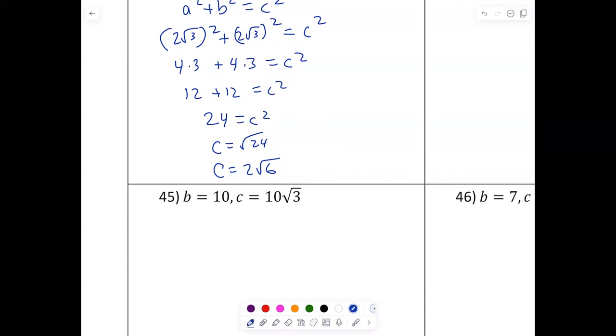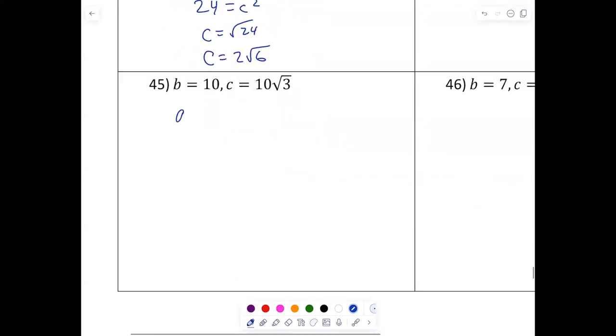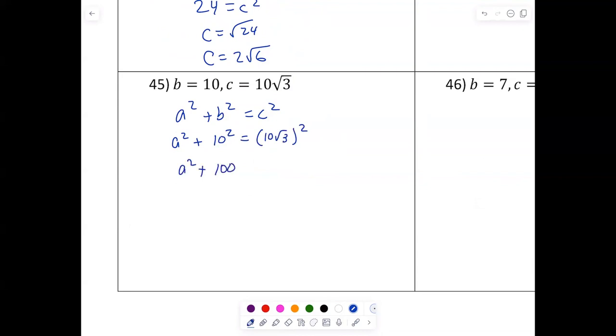All right, here we go. 45. A squared plus b squared equals c squared. A squared plus 10 squared equals 10 radical 3 squared. What's 10 squared? What's square root of 3 squared?